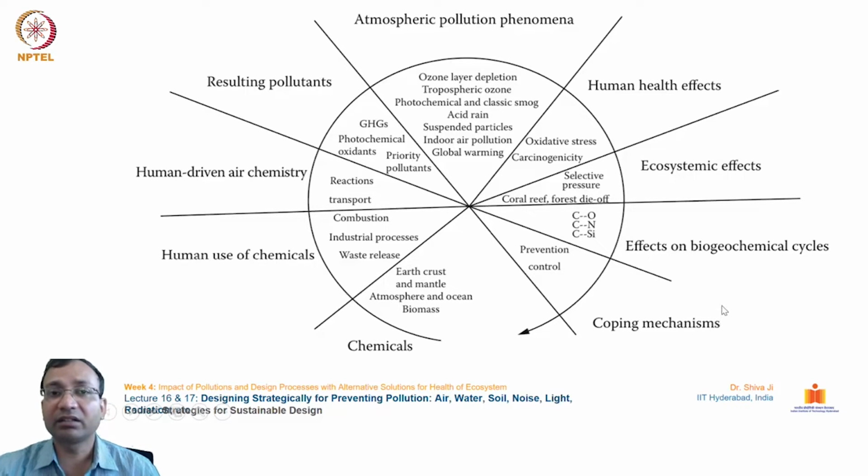And when we see the effects on the biochemical cycles, in the COs, CNs and the CSi, like carbon-silicon compounds, carbon-nitrogen compounds, carbon-oxygen compounds, there are several series of compounds which cause reactions in biochemical cycles, and they disturb biochemical cycles in the organisms.